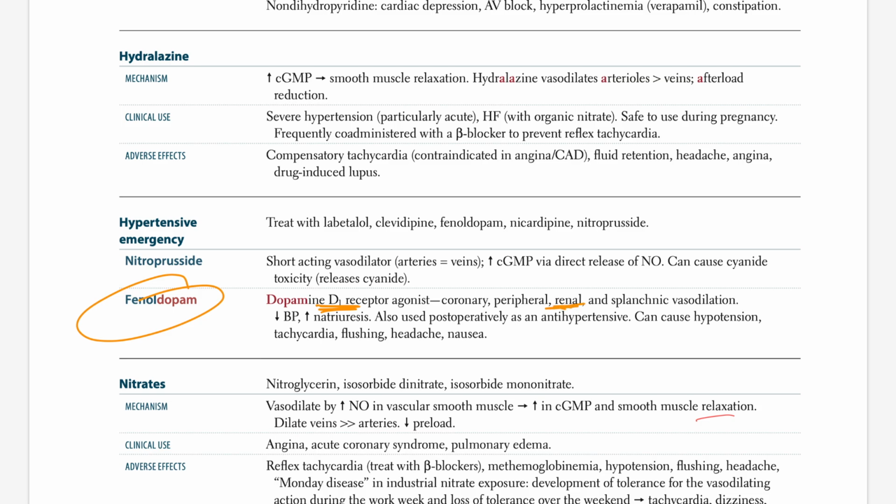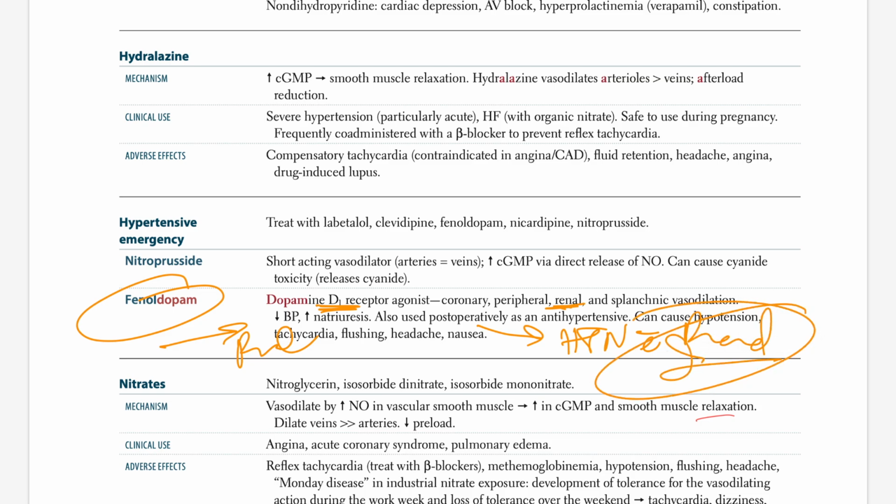That is going to dilate the vessels and lead to renal perfusion. Renal can get perfused in a normal way. As I mentioned before, it is used in hypertension with renal insufficiency. Okay, and that is going to be all for fenoldopam.